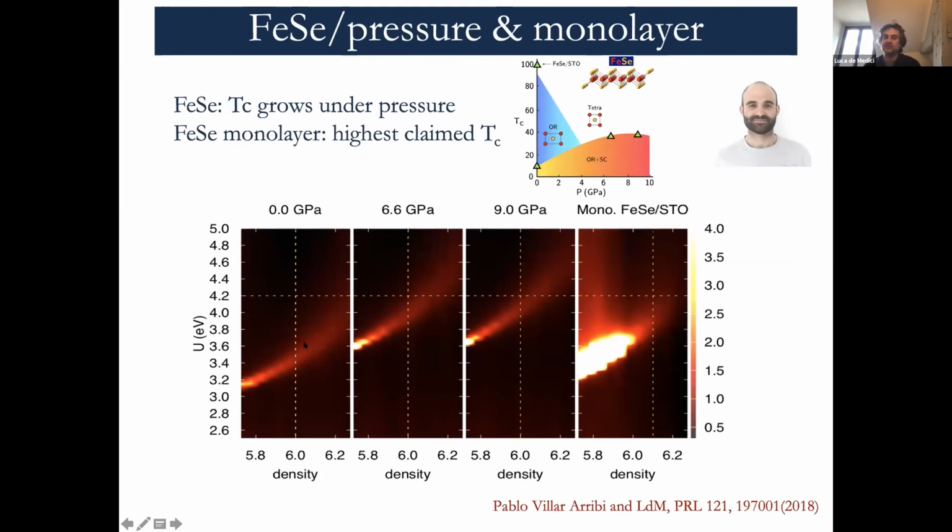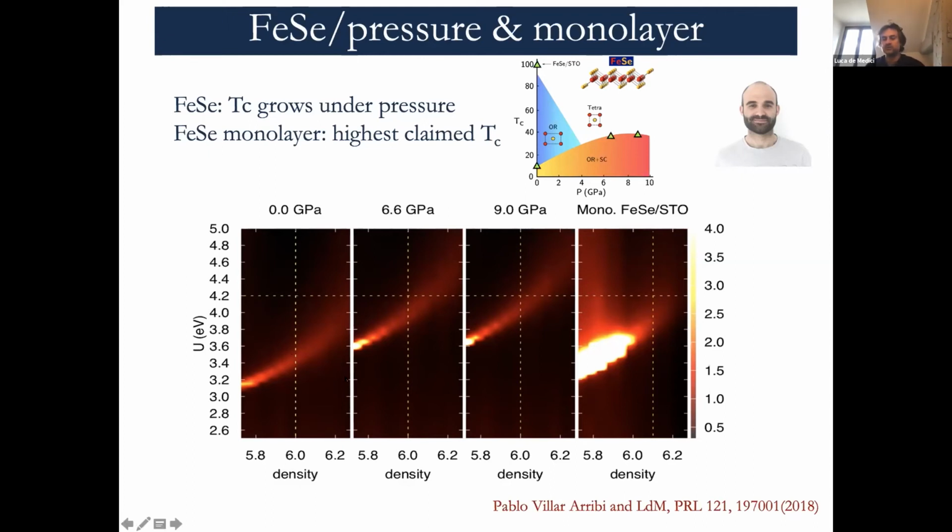This frontier is characterized by an increased compressibility, and if you move in doping towards alkaline, it can even be a divergence. And by applying pressure, you bring this mustache towards the realistic values of the interactions, which are estimated, for instance, by CRPA.